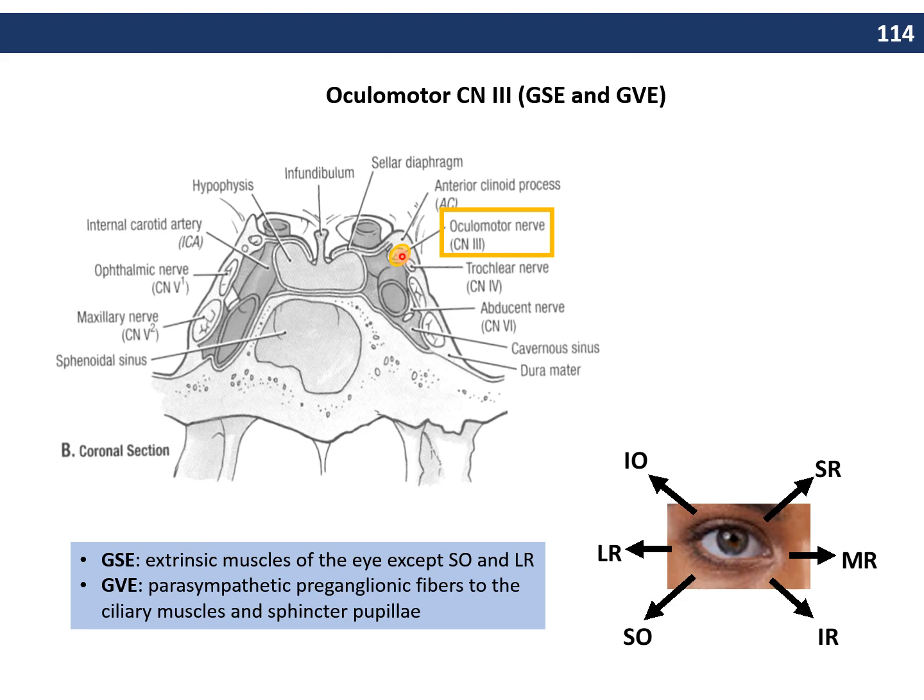And from there, postganglionic parasympathetic fibers will go to the ciliary processes and the sphincter pupillae, resulting in rounding of the lens as the ciliary muscles contract, and also constriction of the pupil via the sphincter pupillae muscle.